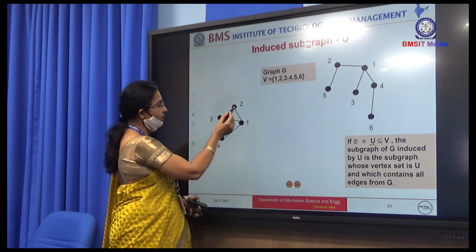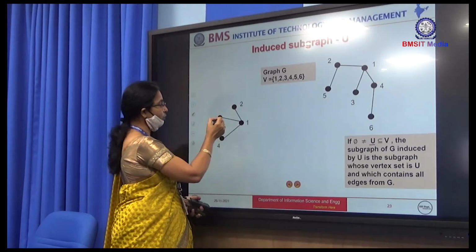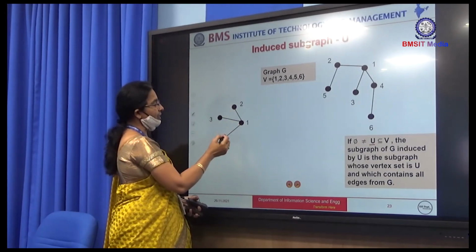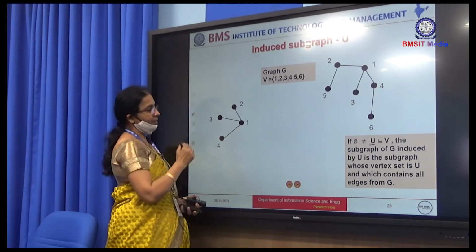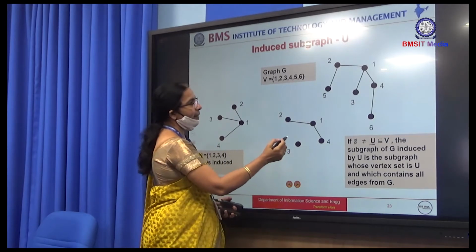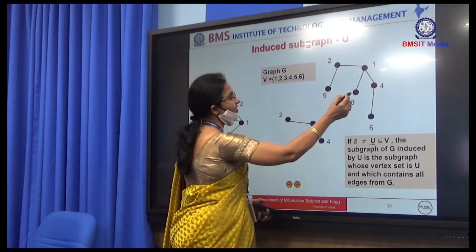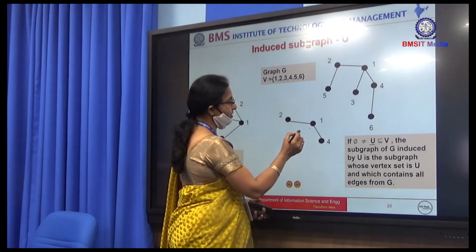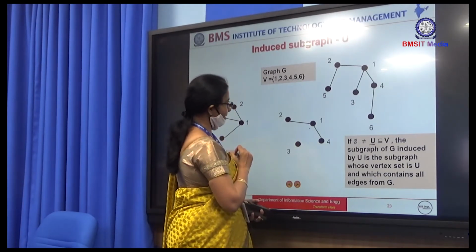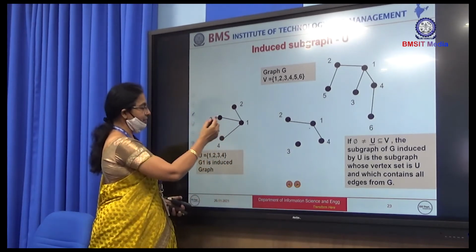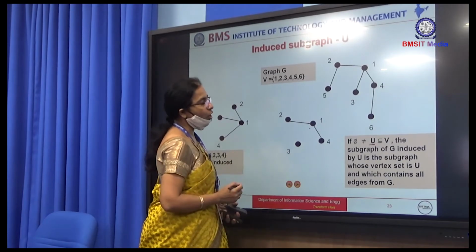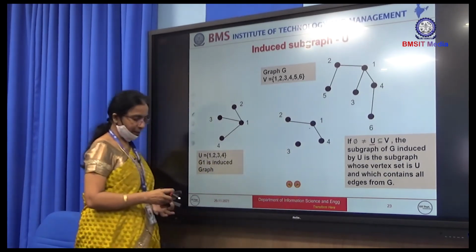Since all the edges related to these vertices have been considered, we call it an induced subgraph. Here I have taken the same subgraph, but the edge 1 to 3 is missing. So this cannot be an induced subgraph, whereas the first graph is an induced subgraph and this one is not.